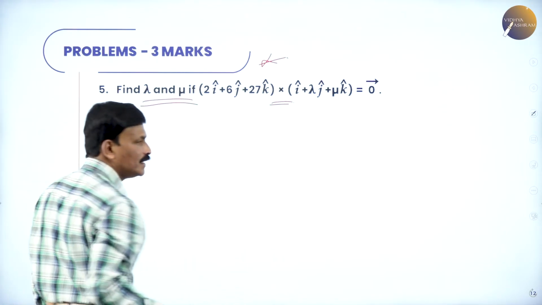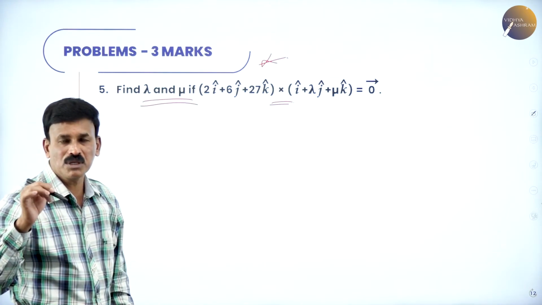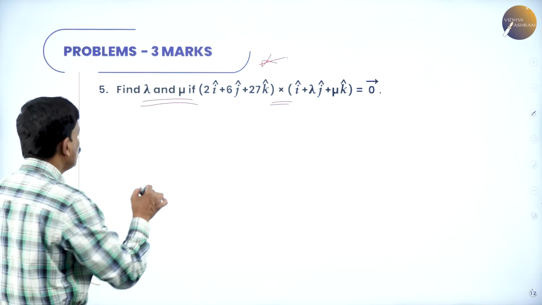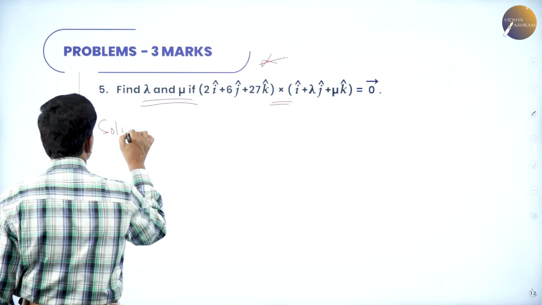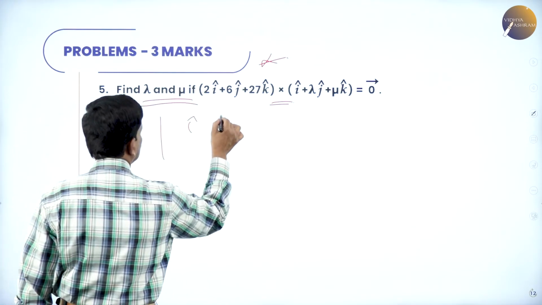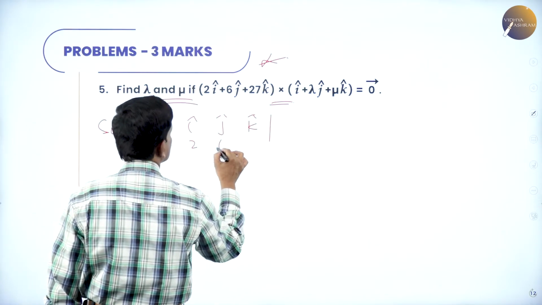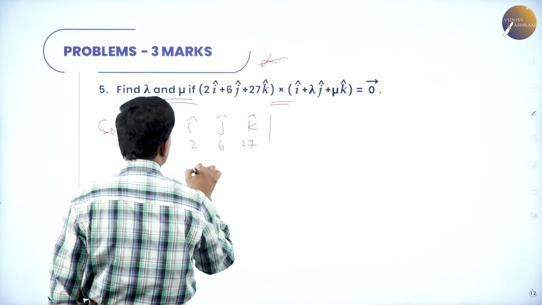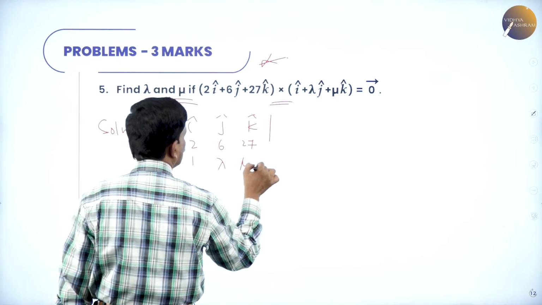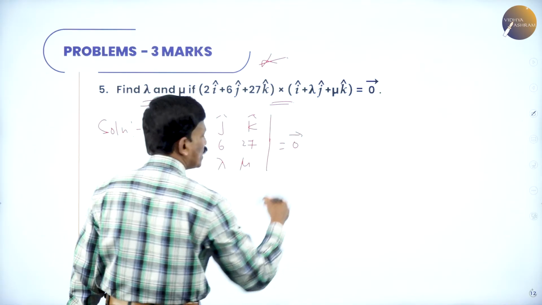The cross product of two vectors is nothing but the determinant of i, j, k and the values. So, write down the solution: determinant i, j, k, then 2, 6, 27, and 1, lambda and mu, is equal to the 0 vector.